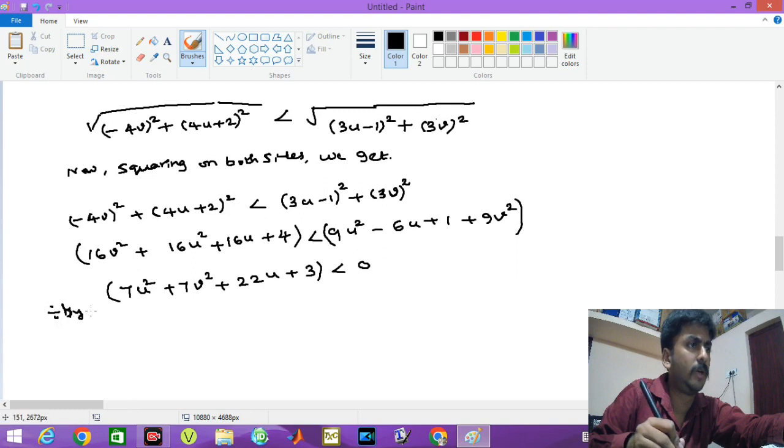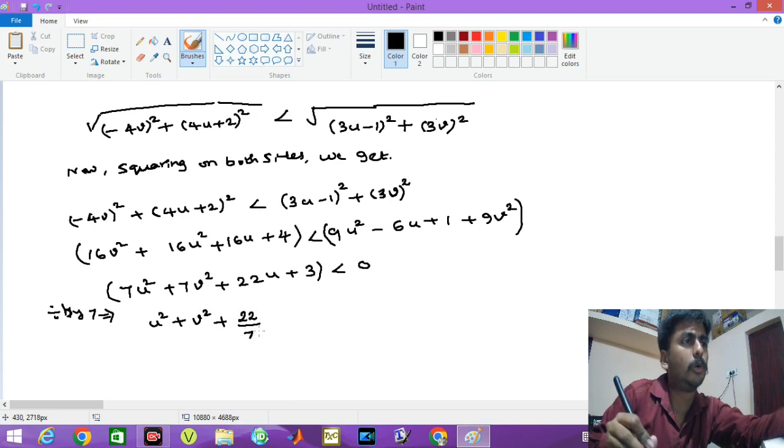Dividing by 7 implies u square plus v square plus 22 by 7 u plus 3 by 7 less than 0 by 7, that is also 0.